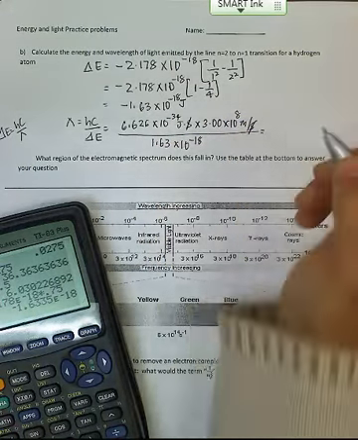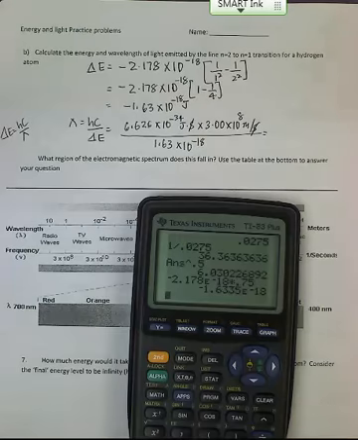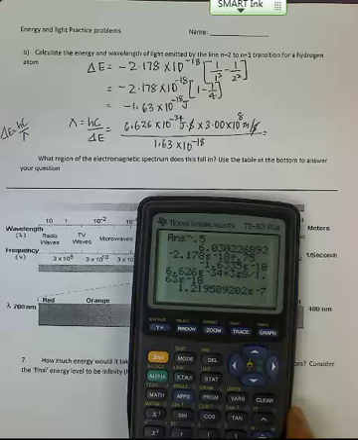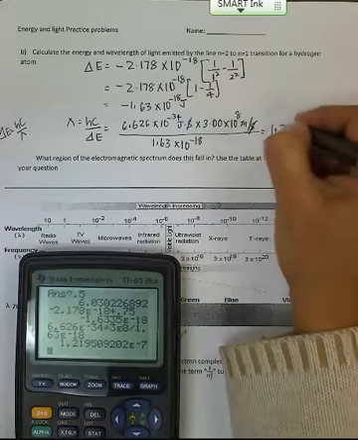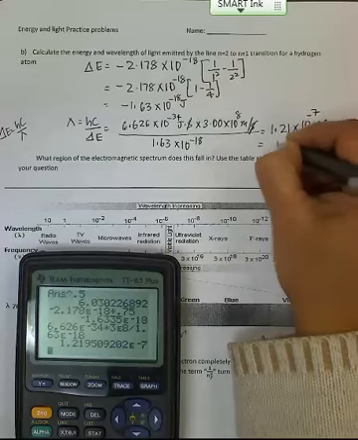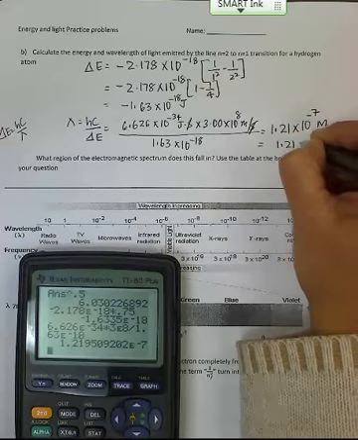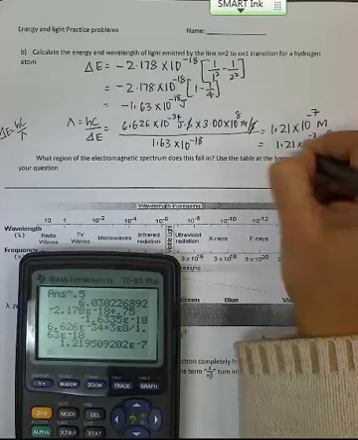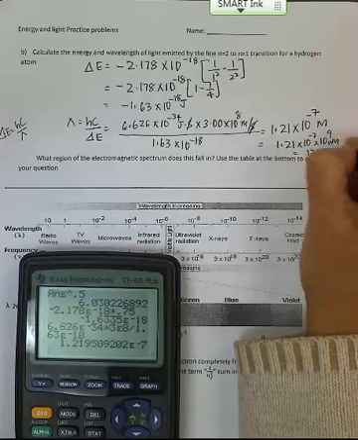If I substitute it into my equation, 6.6267 times 10 to the negative 34 times 3 times 10 to the 8 divided by 1.63 times 10 to the negative 18. I get my answer as 1.21 times 10 to the negative 7 meters, which is equal to 121 nanometers.